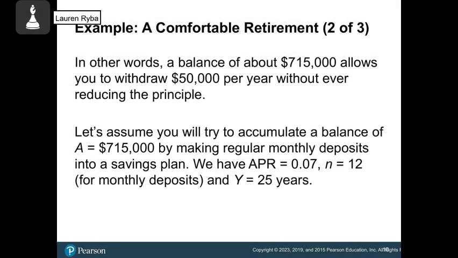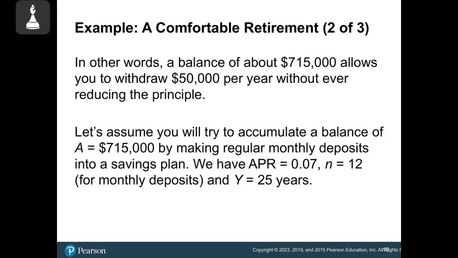What that means is if we have that 714,286, or if you just want to round it up to $715,000, you can withdraw that $50,000 from that account, and you will never reduce that principal. It will go back to $715,000. So if you take out $50,000 at the beginning of the year, interest will pound it back up, getting you back up to that $715,000 for the next year so that you can do that again.